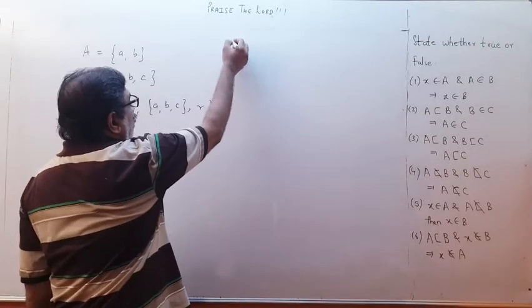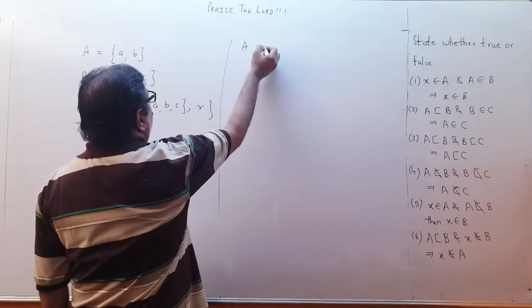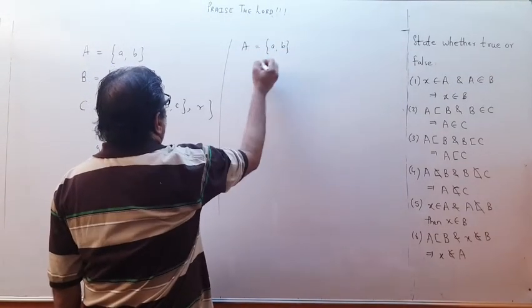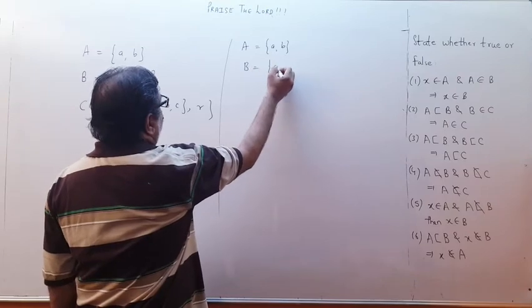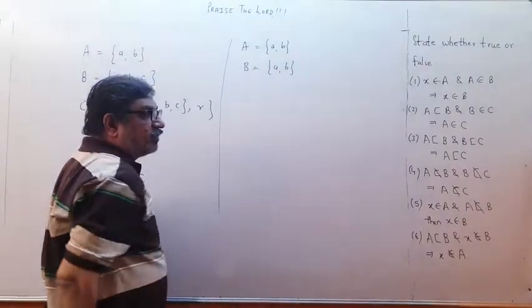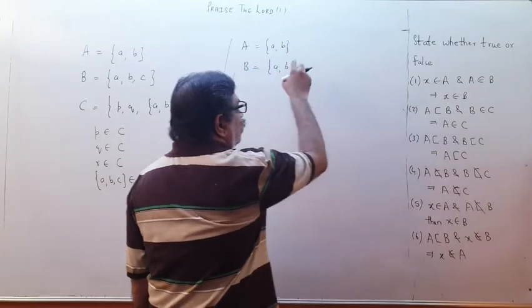If A would have been AB and B also would have been AB, still I can say A subset of B. This will still hold if both are equal.